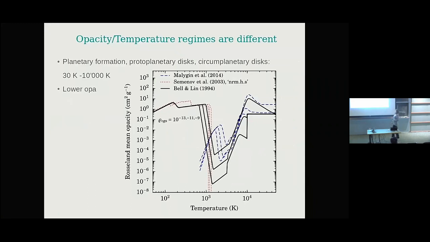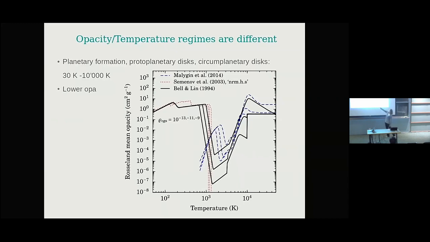The difference between our two communities is that we have very different opacity and temperature regimes. For the planetary case, we are talking about temperatures between roughly 30 K to a very maximum of 10,000 Kelvin. This is just 3 opacity tables that people use. I actually use a 4th one, and Jawan uses a 5th one.